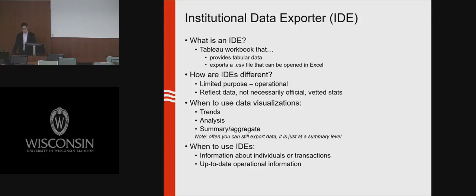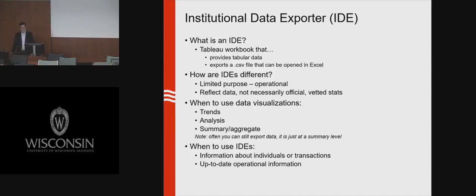So that's important to know because for many of our subject areas, we just looked at a data visualization for student enrollments by major. There will also be an IDE of student enrollments by major. So how do you know when you should use the data visualization for student enrollments by major versus the IDE?